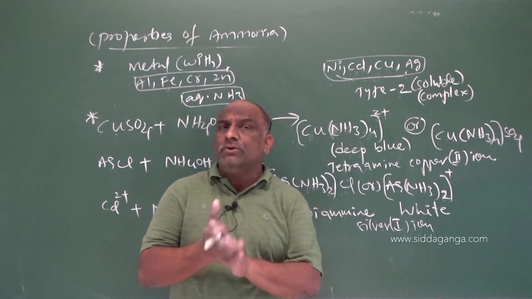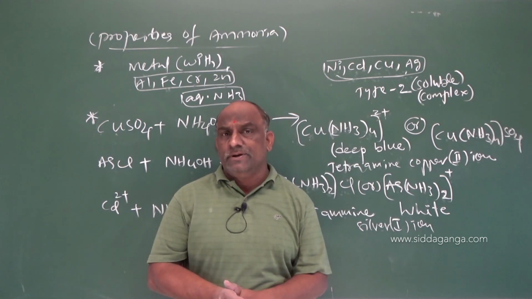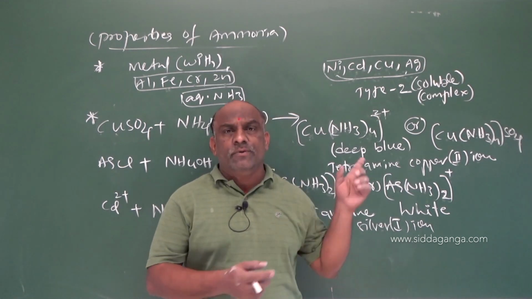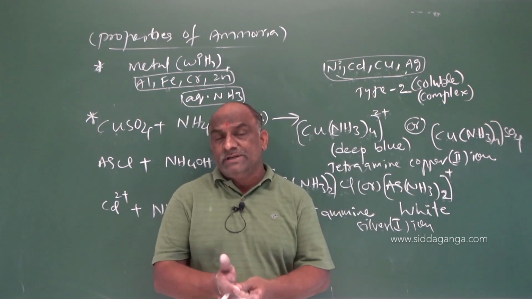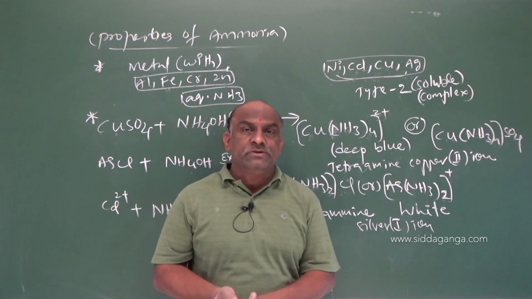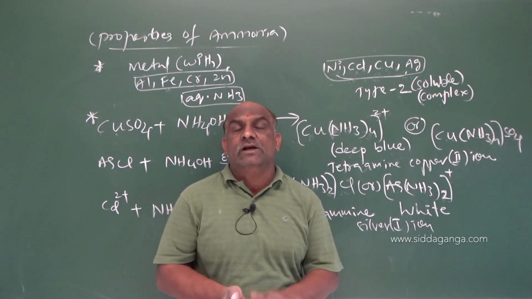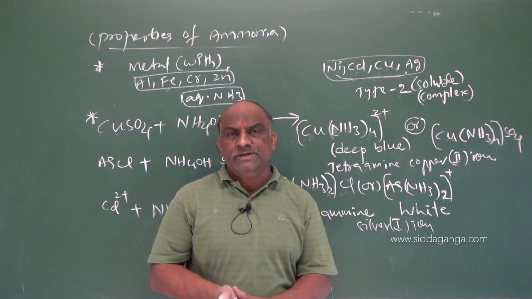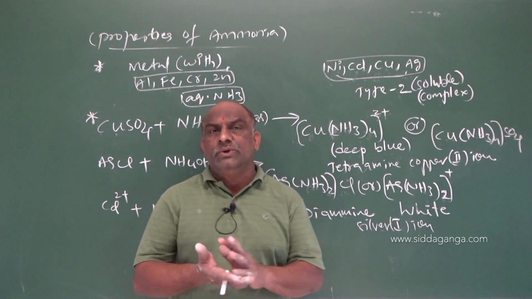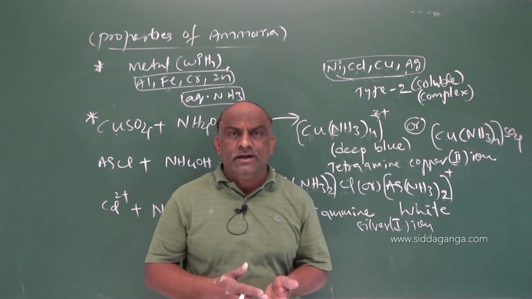Make a special note regarding these reactions, because from the entrance exam point of view they prefer this type of question. What color precipitate do we find when chromium salts are dissolved in aqueous ammonia? The answer is a green precipitate. Zinc, white precipitate.